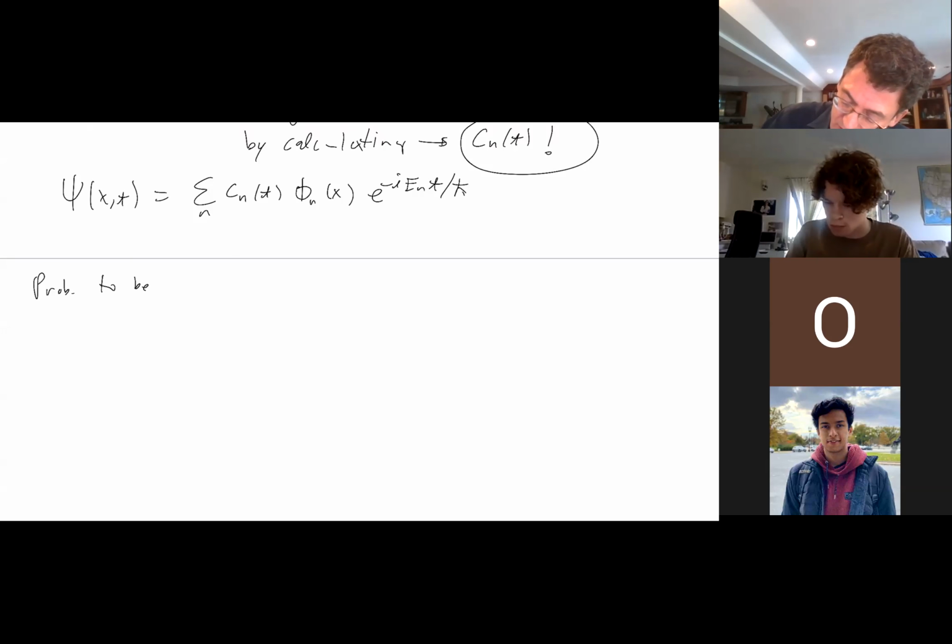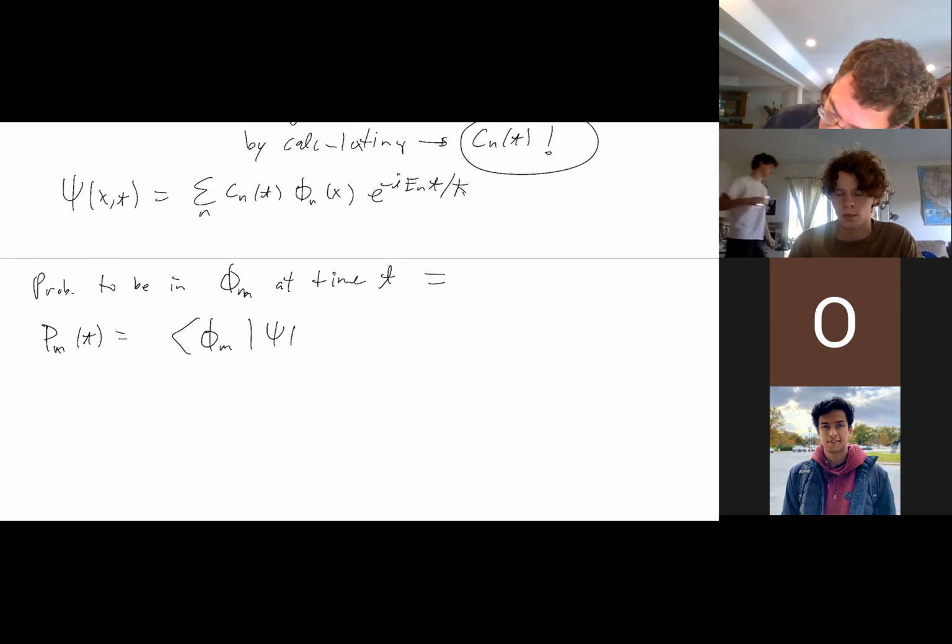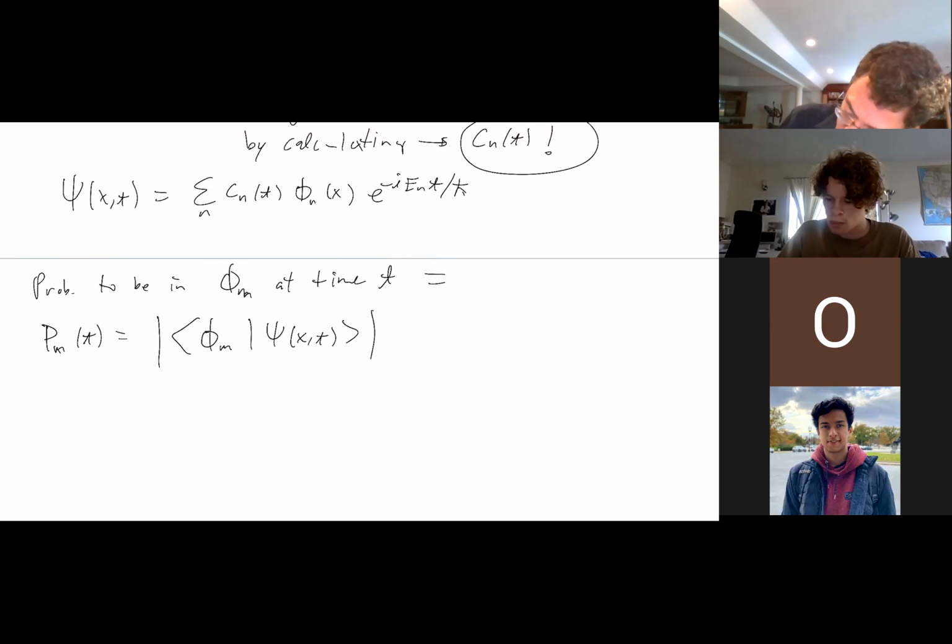to be in state phi m at time t is equal to this. Pm of t is equal to this. We basically have to take the wave function psi of x and t, project it onto that and square it, right?